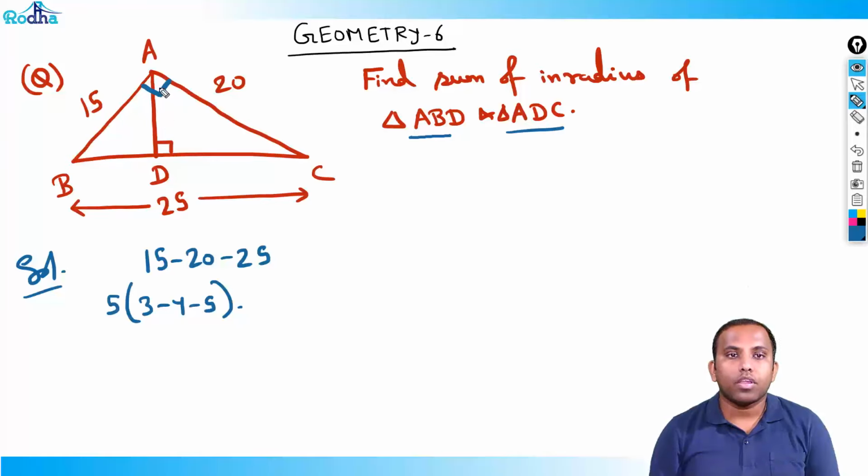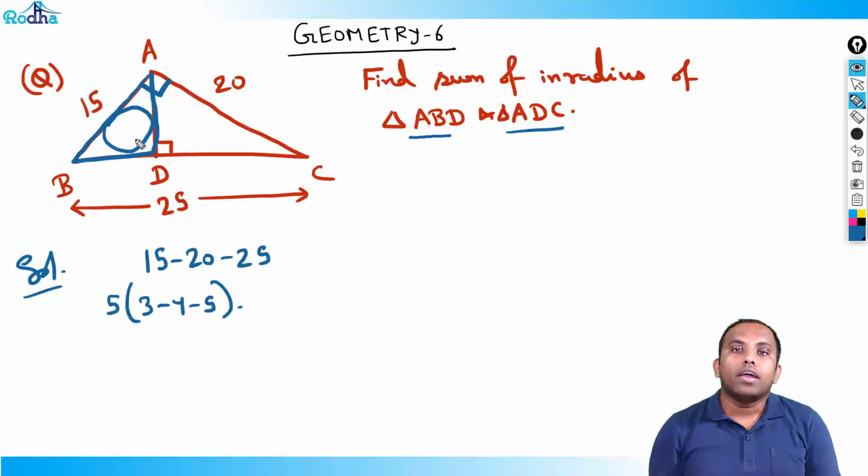Now, to get the inradius for triangle ABD, I need all three sides. Why? Because what is inradius?